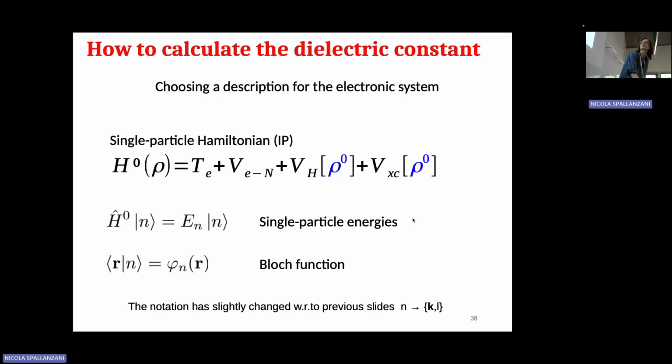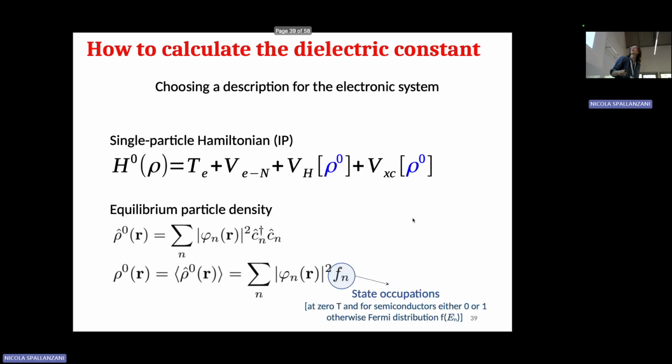So in the first case, we have this Hamiltonian H0, and the single particle energies are the eigenvalues of H0, labeled by n. The notation is a little bit different with respect to my previous slides, where I had k and l instead of n. And then the phi n are the Bloch functions, as we have seen before.